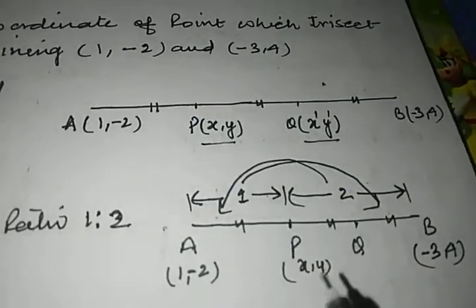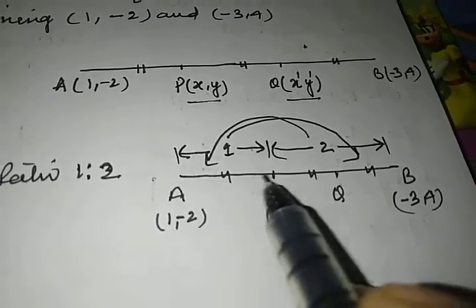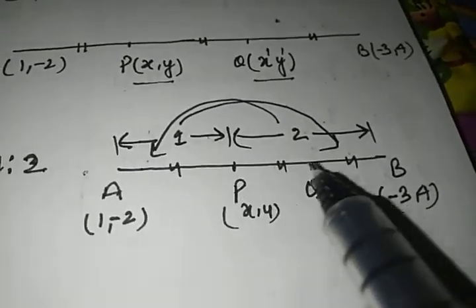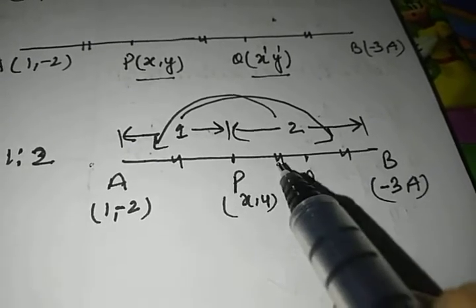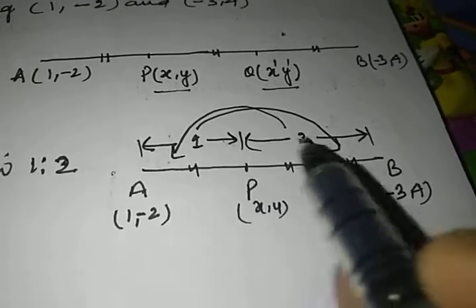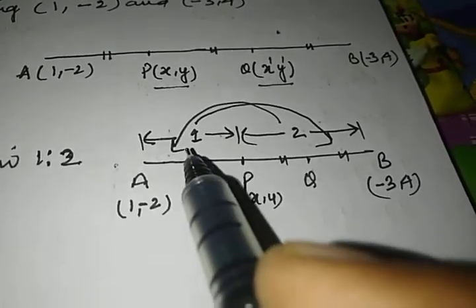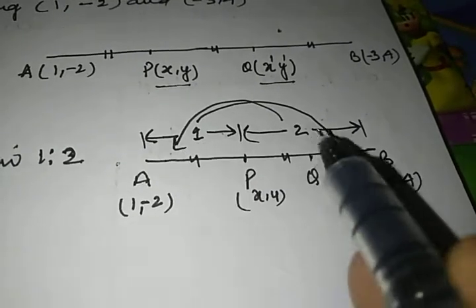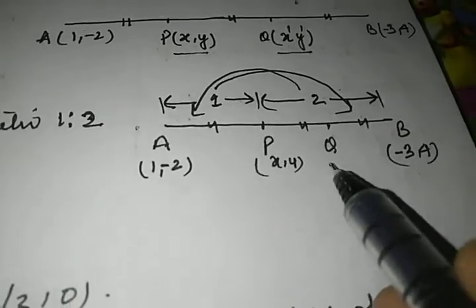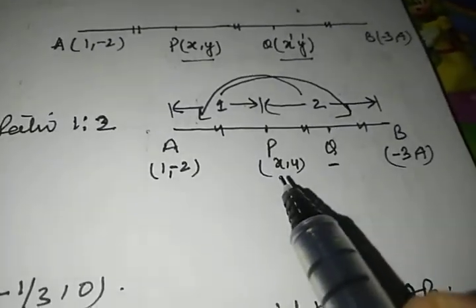This is your P and this is your Q. AP has one section, and PQ and QB make 2 sections. The ratio will be 1:2, with 2 parts after P and 1 part before P. So you got the ratio. Forget Q, we don't require it here. Now we are only concerned with P.